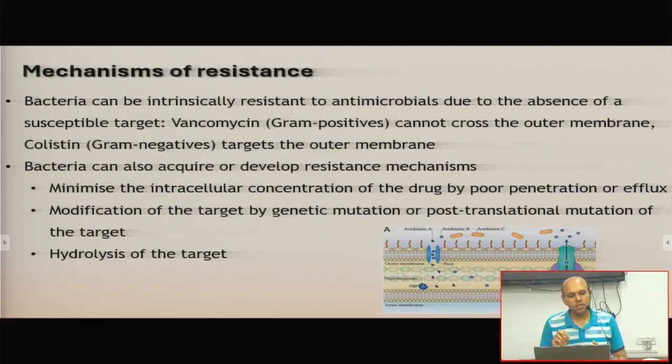That is one. The second one is modification of the target by genetic mutation in the gene, or post-translational modification of the targets. And then the last one is hydrolysis, where the target is being hydrolyzed.